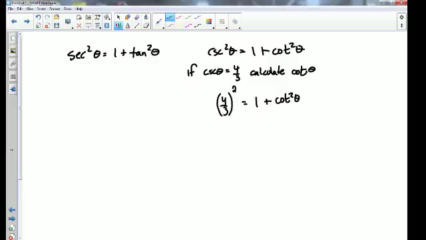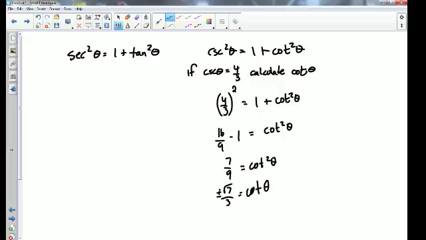No, because there's this pesky addition sign here. So we have to do 16/9 minus 1. So 7 over 9. Is that right? Now you can square root it. So we get positive or negative root 7 over 3 equals cotangent theta.